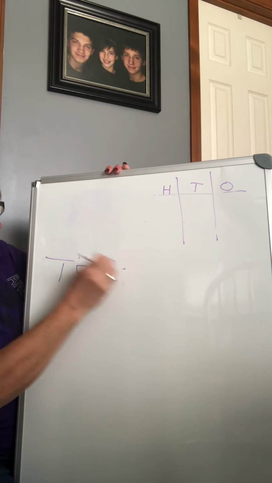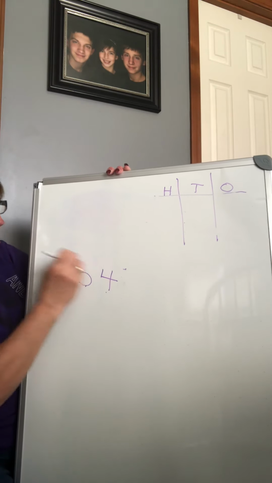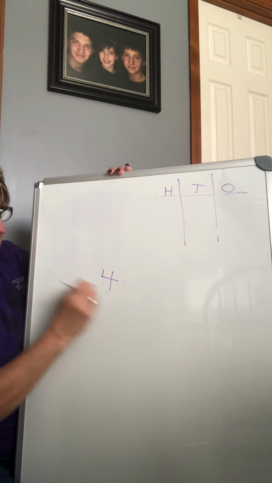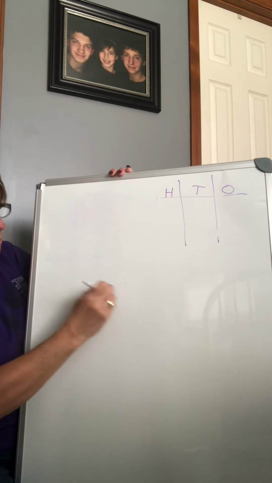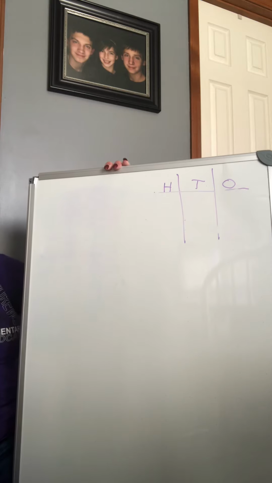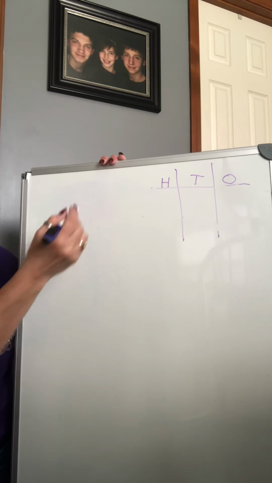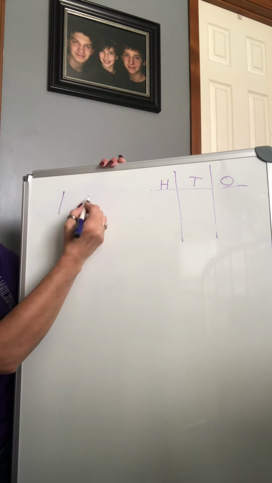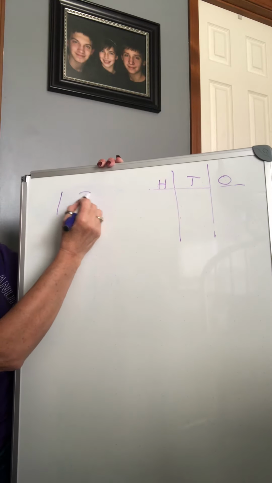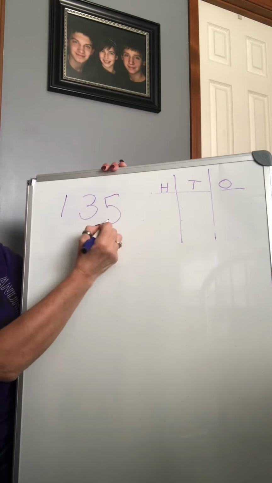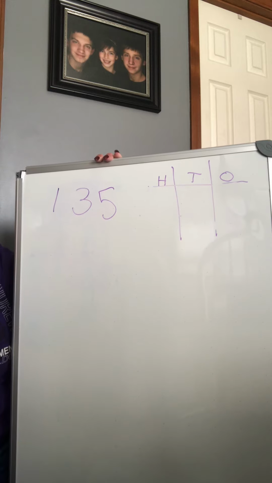And let's try one where we have to regroup more than once. So this time we're going to have to regroup twice. All right, so let's do 135. Write that down.